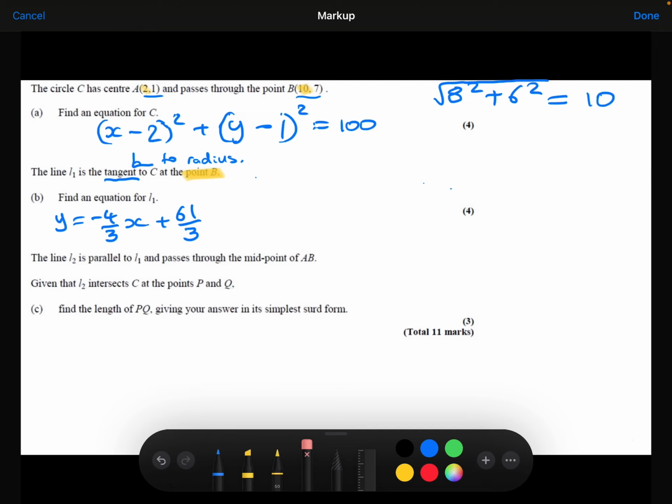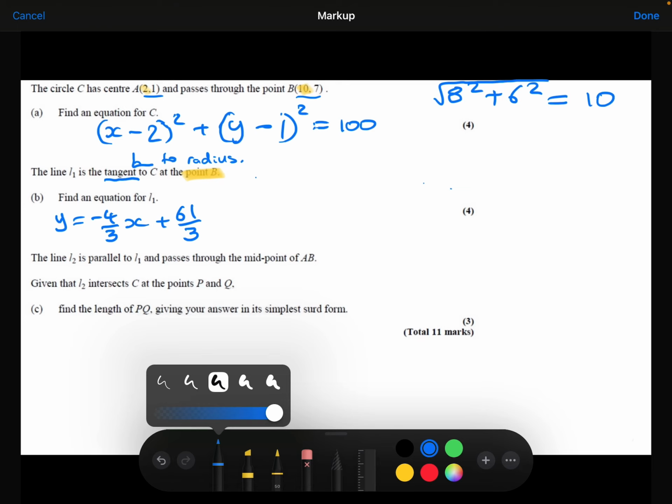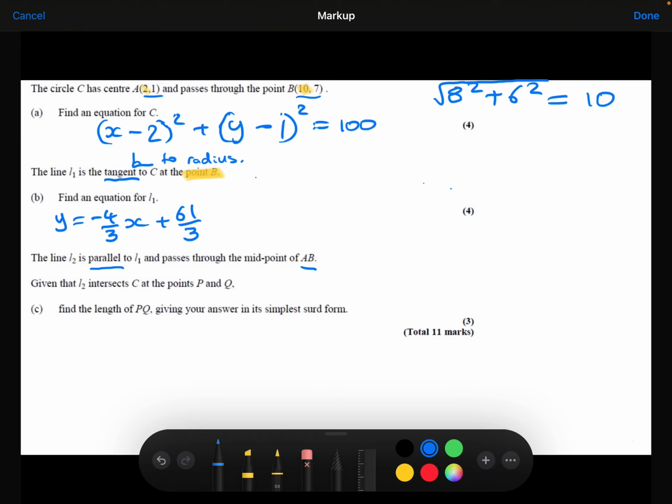We're then told that the line L2 is parallel to L1 and passes through the midpoint of AB. So parallel, so it has the same gradient, and passes through the middle of A and B. Given that L2 intersects C at points P and Q, find the length PQ.